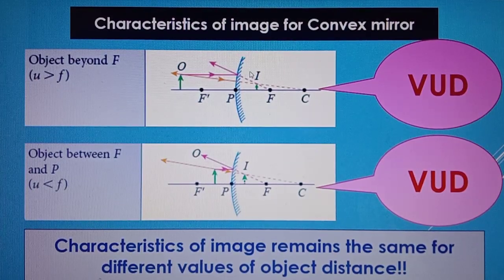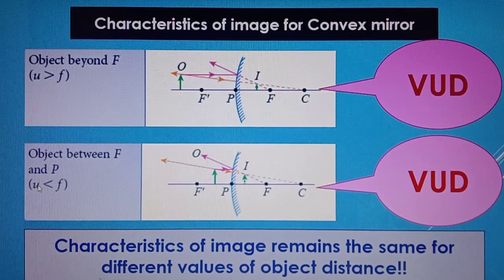We just choose 2 rules. Parallel to the principal axis, diverge from F. Directed towards C, bounce back along the same path. Of course, it will never meet here, so no real image. Extend to the back, and the reflected rays meet here. So this is the image. The image is virtual, upright, diminished.